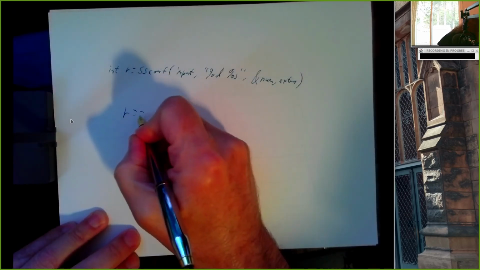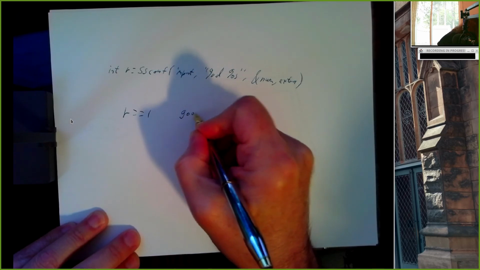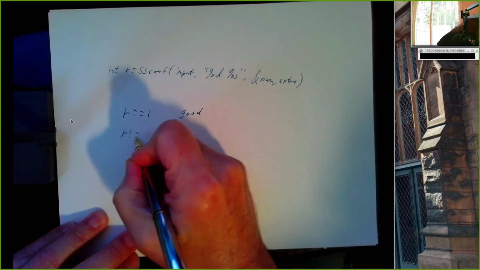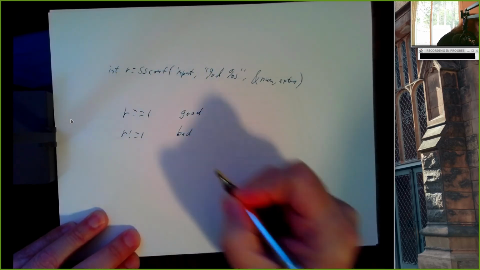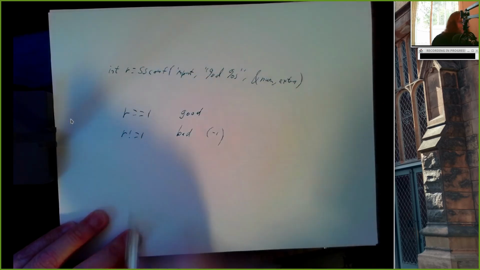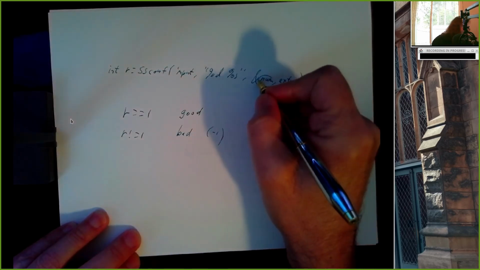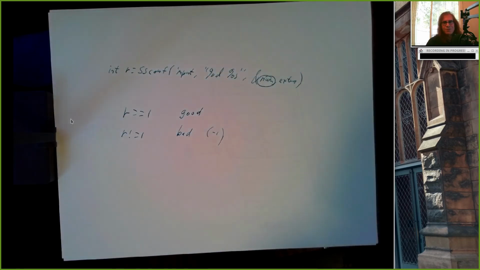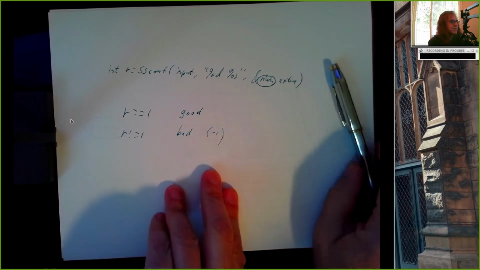And then if r is equal to 1, that's a good parse. If r is not equal to 1, that's a bad parse. Return a -1. If it's a good parse, then you check the value of num. If it's 1, 2, or 3, that's good, return the value. Anything else, it's an error, return -1.